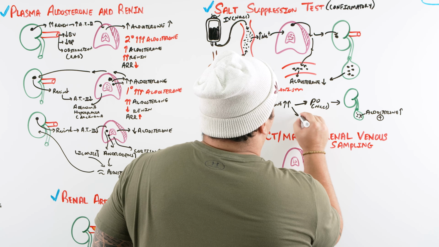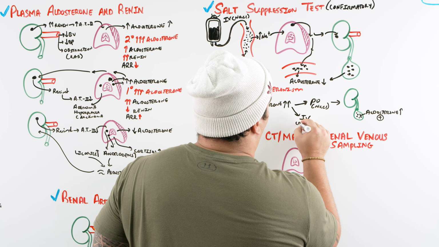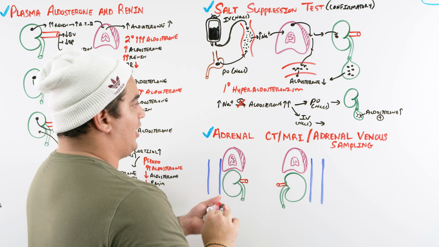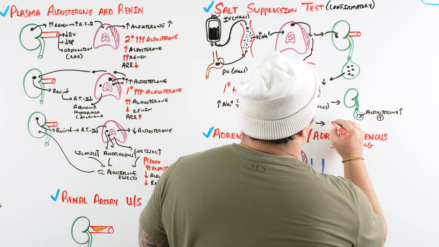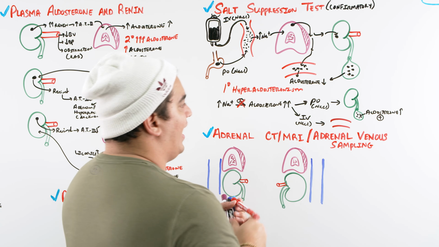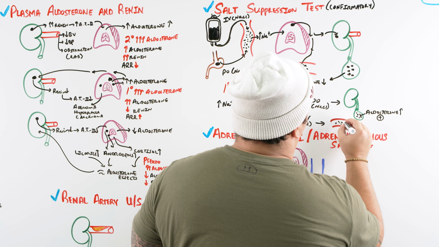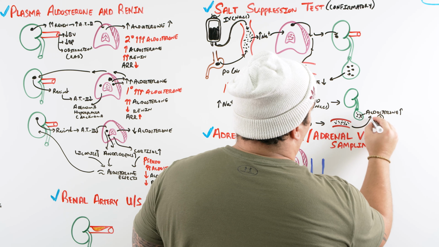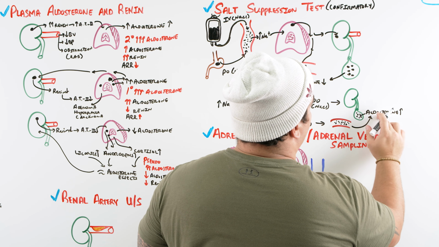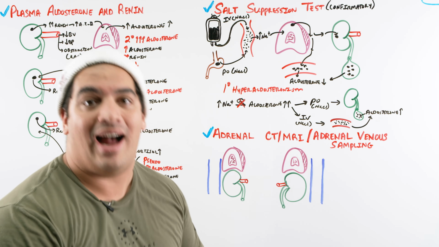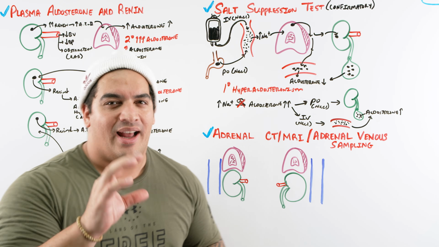Or if you do the IV sodium chloride, then you're testing the blood, the serum aldosterone levels. If the serum aldosterone levels are high, this shows there has been no suppression of aldosterone, and this is definitely primary hyperaldosteronism. That is super important.